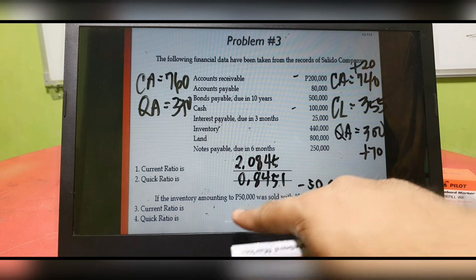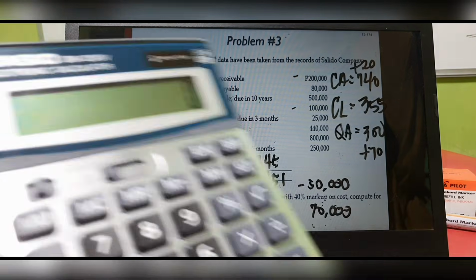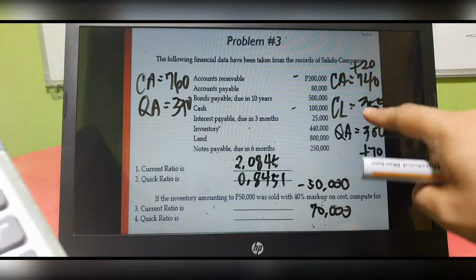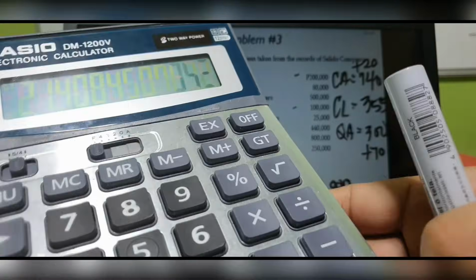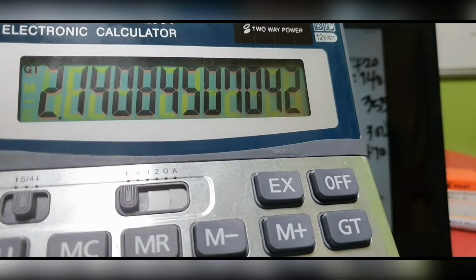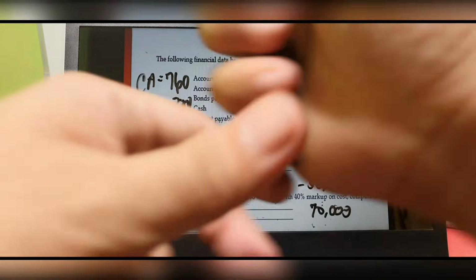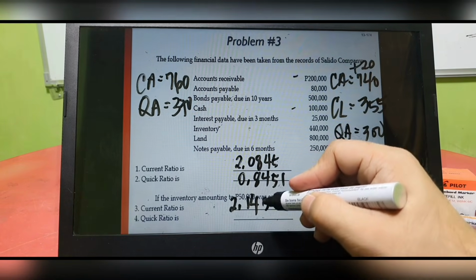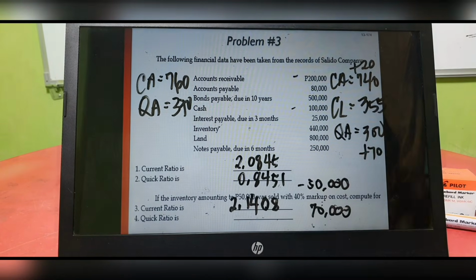Kaya, ang current ratio natin na bago ay 760 divided by current liability na 355. So, the answer is 2.1408. Alright.